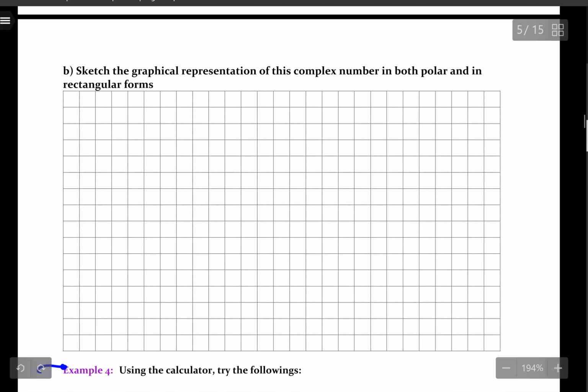So I should have my graph ready. Label this as X, real, and Y, J, as imaginary.